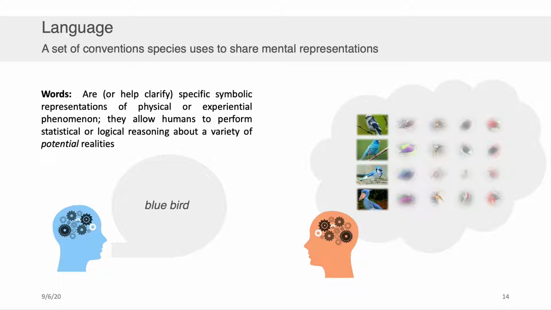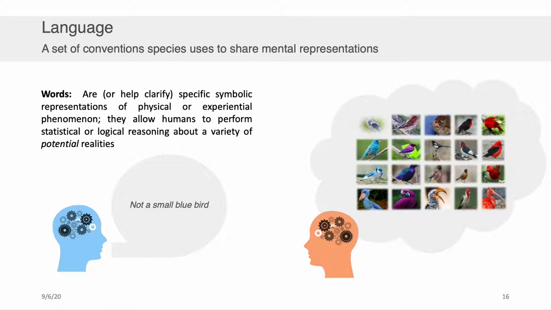One could tell you the word bluebird, and all of a sudden you kind of marginalize out the pieces that don't matter, and you focus only on the component of the mental representation that describes the bluebirds. Or we could say small bluebirds, and you can squeeze that distribution to an even smaller component that's representative of your previous experience with small bluebirds.